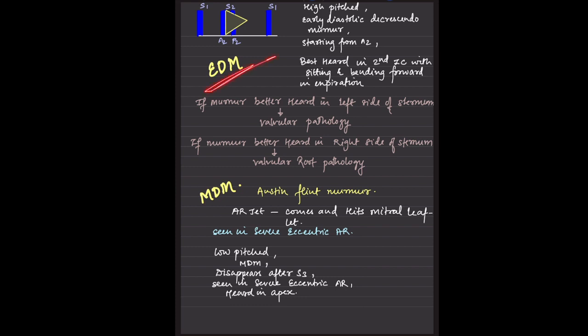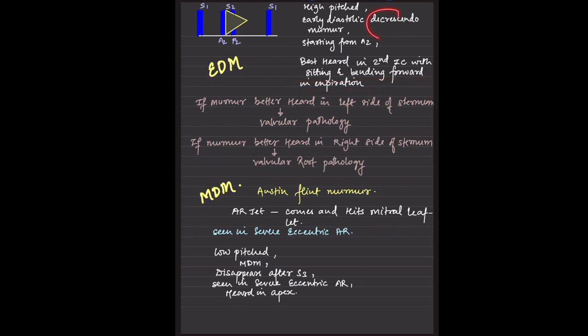The early diastolic murmur is actually a high-pitched one, but the mid-diastolic murmur is a low-pitched one. The mid-diastolic murmur disappears after S3. The early diastolic murmur is high pitched, starting from the A2, and is best heard at the second intercostal space, with the patient sitting and bending forward in expiration.